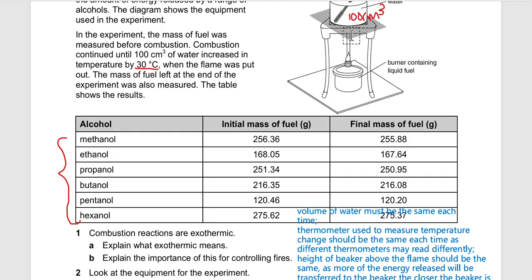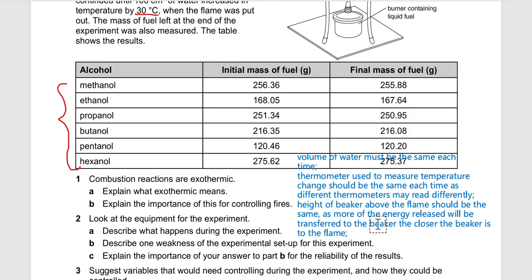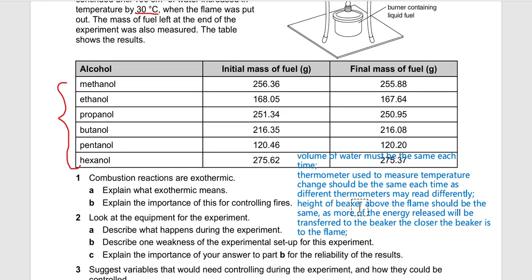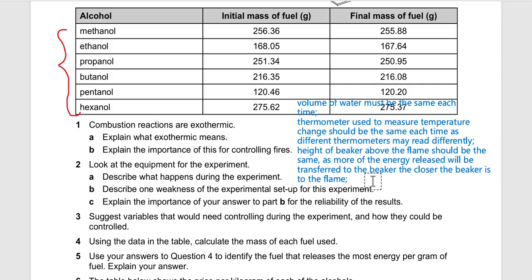And the closer the beaker is to the flame, the more energy will be transferred to it. Is it clear? Yes. And if we put it higher than this, the energy transferred to the beaker will be lesser. Is it clear? Yes. So you have to make sure the height of the beaker and the flame is always the same for each experiment, right? So those are the ones explained here. You can write down 2 or 3 of them.